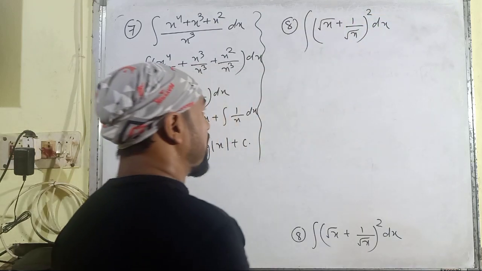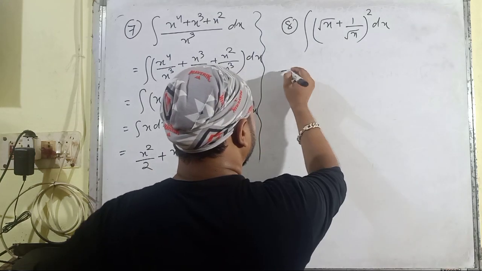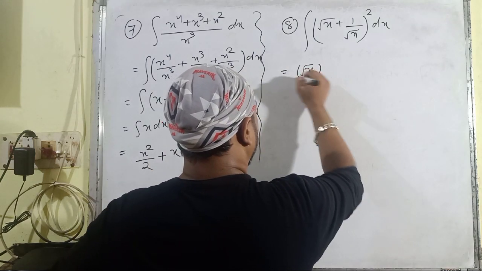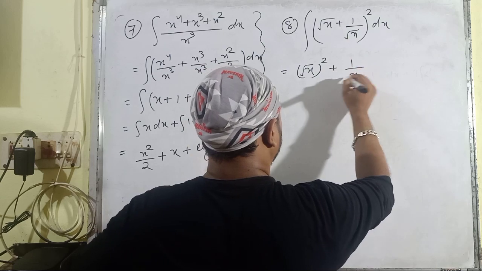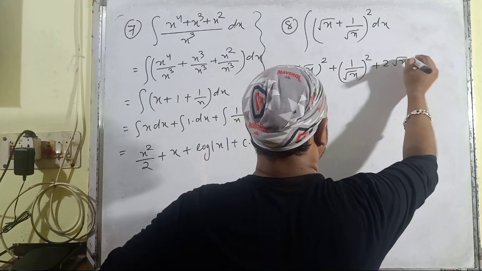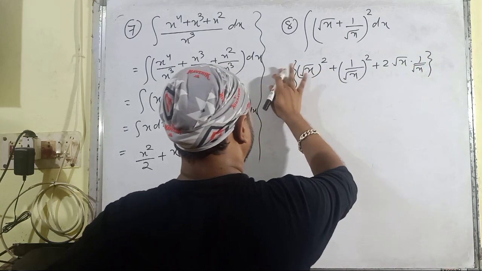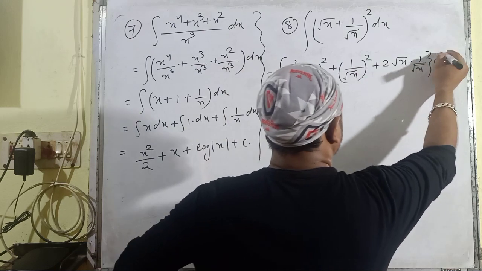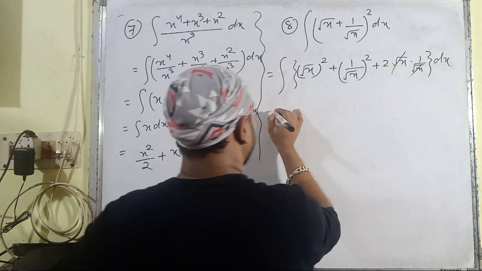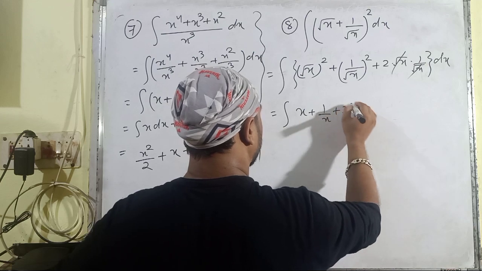Integral of whole square of root x plus 1 by root x. Then it will be whole square of root x plus whole square of 1 upon root x plus 2 multiplied with root x and 1 by root x. Then it will be integral of x plus 1 by x plus 2.